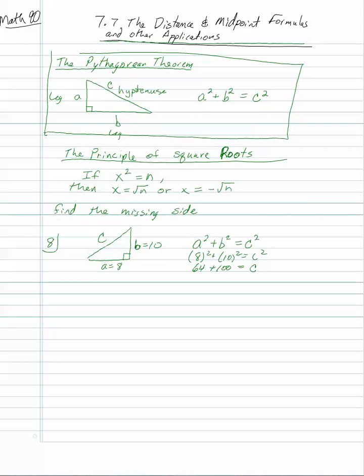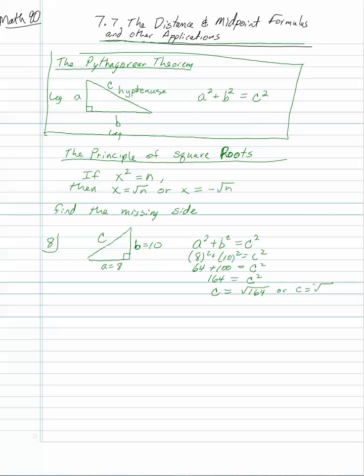Then it says to find your answer to 3 decimal places if appropriate, approximate it. Okay, so we use the square root principle. So C is equal to plus or minus the square root of 164.